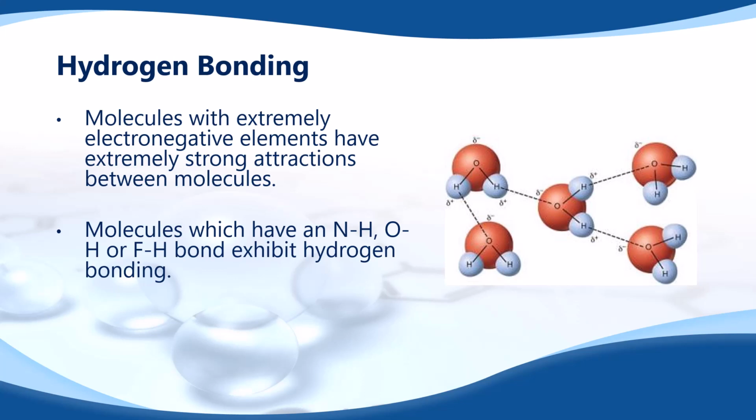So any molecule with an NH, OH, or FH bond will hydrogen bond to any other molecule that has an N, O, or F in it. Hydrogen bonding, and we'll get to this in the next video, is the strongest type of intermolecular force we're going to deal with individually.